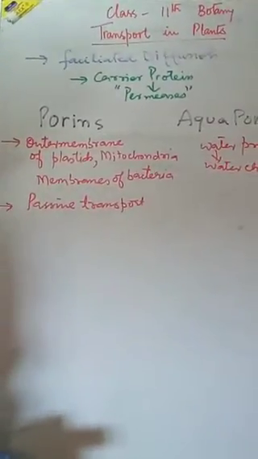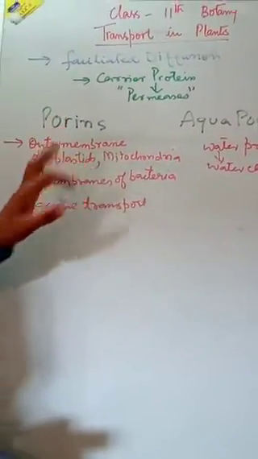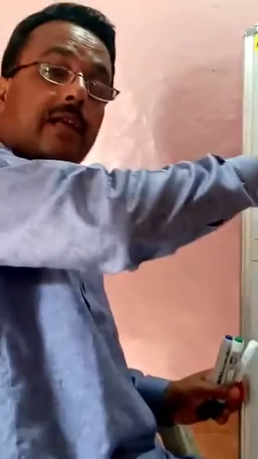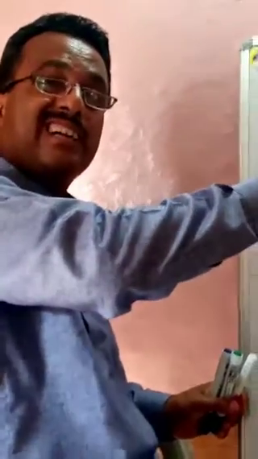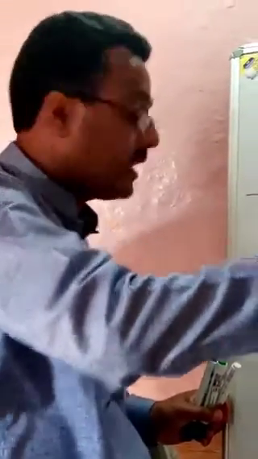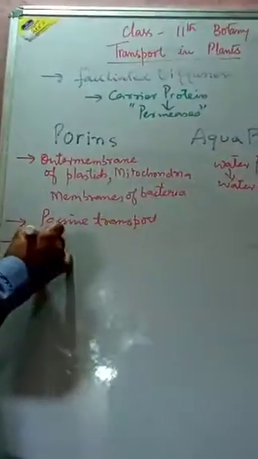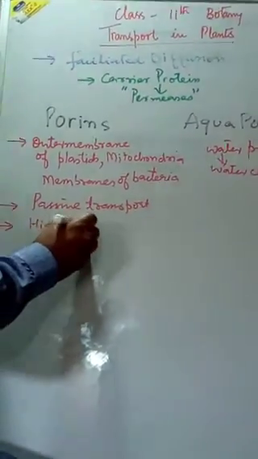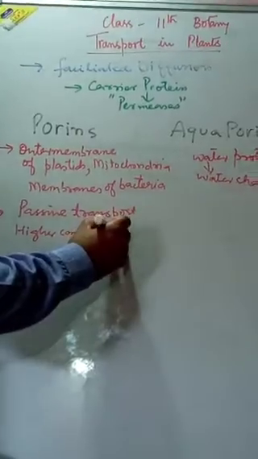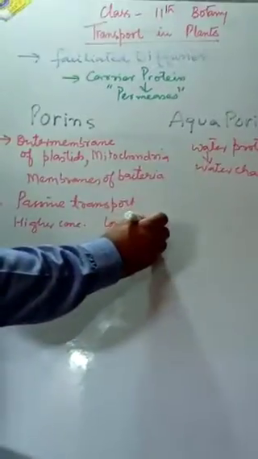That means whatever protein carriers we have, no energy is required. One more thing, diffusion always takes place from a region of higher concentration to a region of lower concentration.